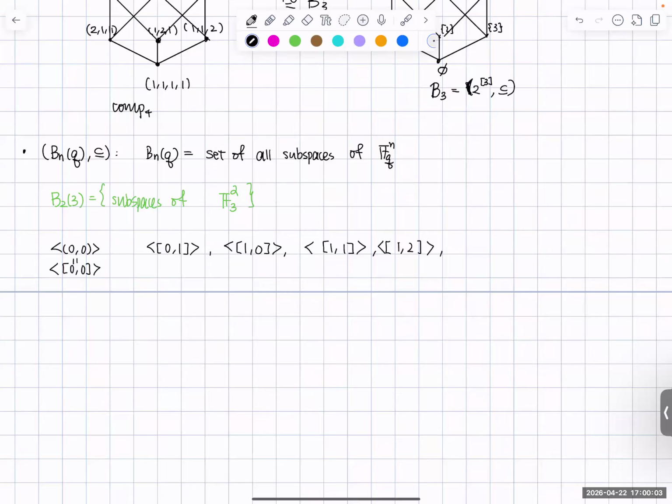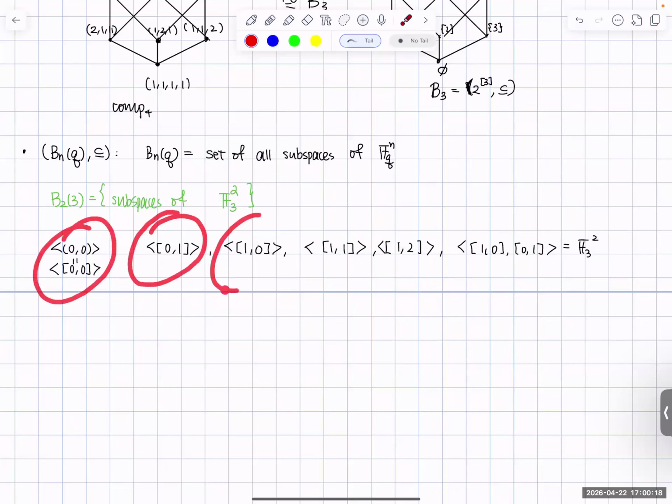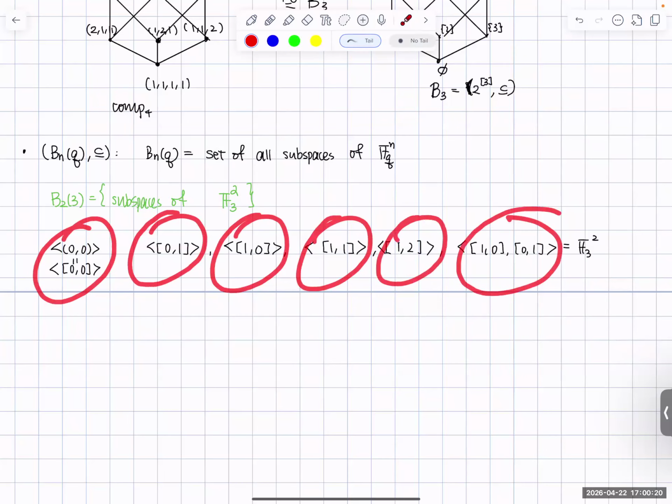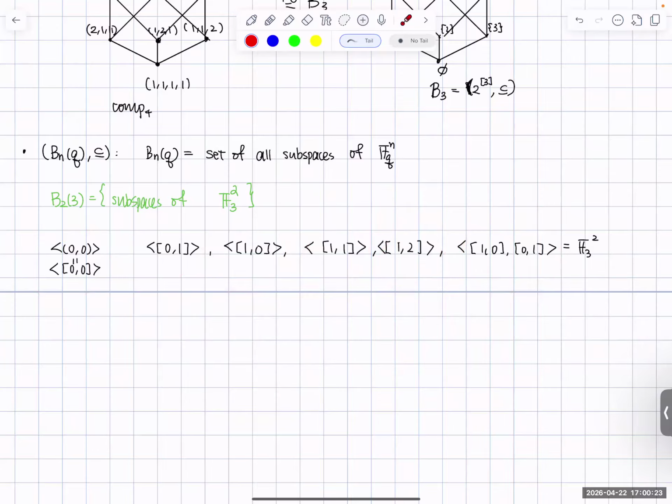And then we also have generated by (1,0) and (0,1), and this is exactly the full space. So there are these 6 of them. 1, 2, 3, 4, 5, 6. These are the 6 subspaces of F_3^2.